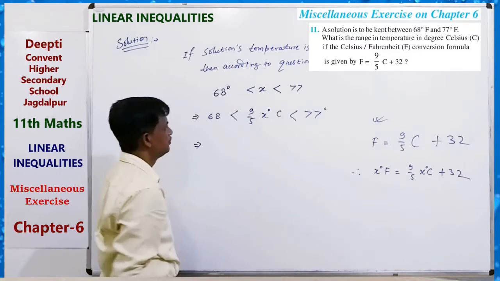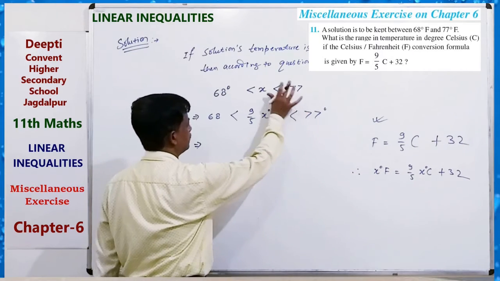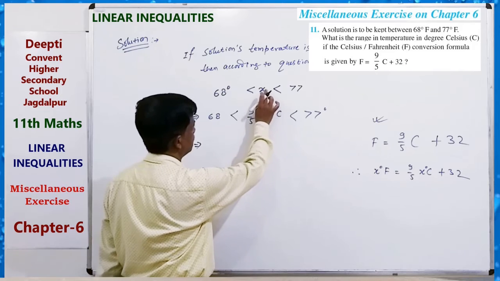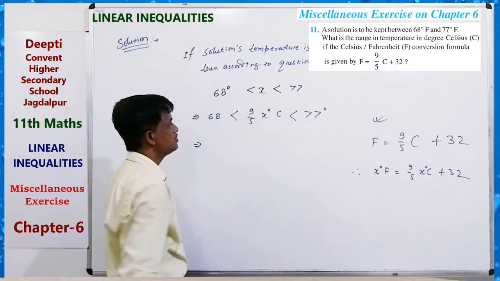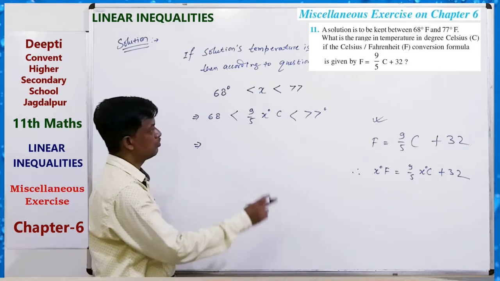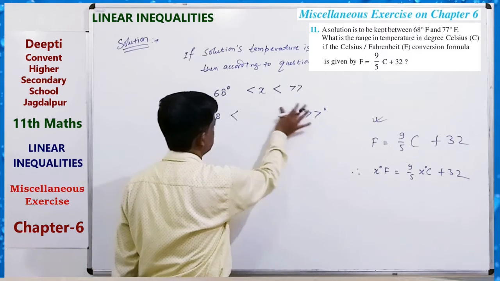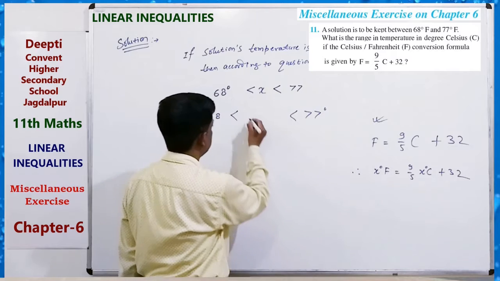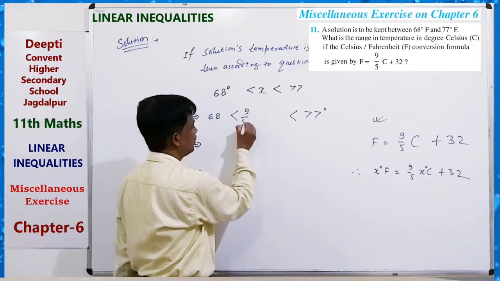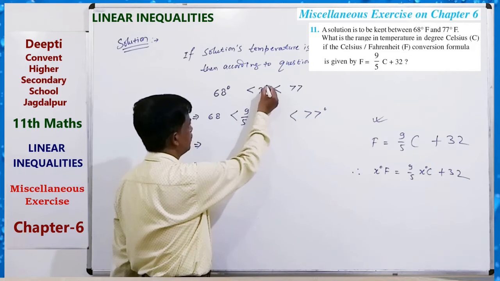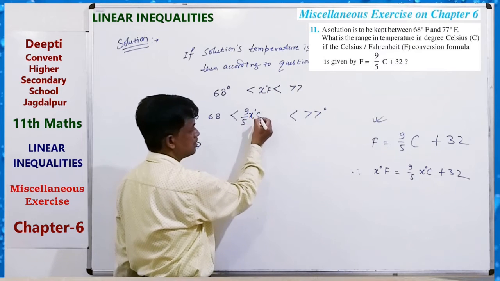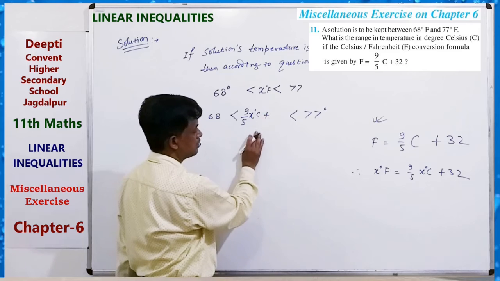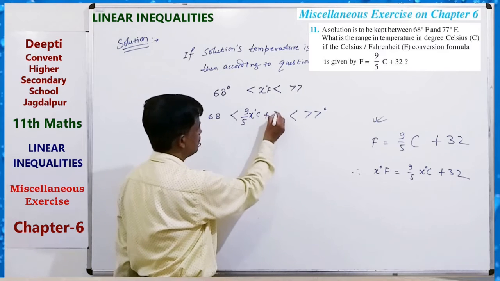Like this. Clear? x degree centigrade. Now the formula is given by 9 by 5 x degree Celsius plus 32.